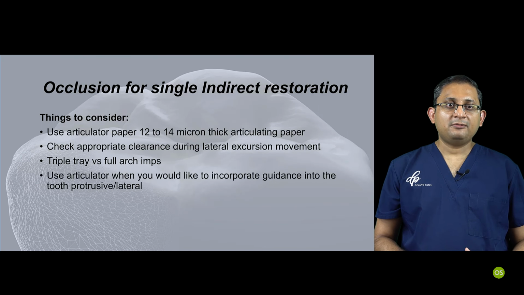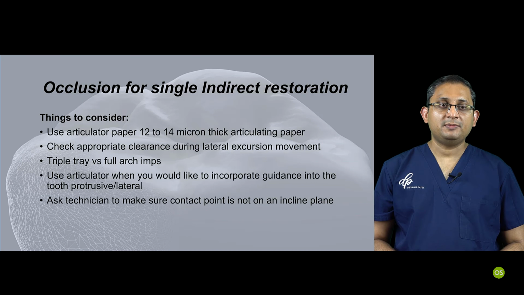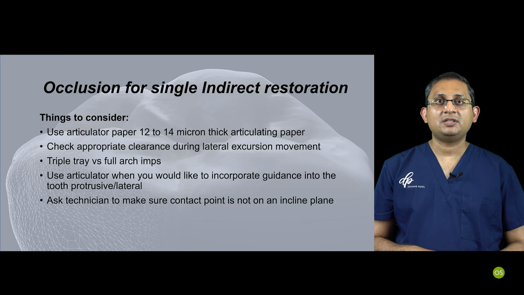Use an articulator when you would like to incorporate the guidance. So if you're doing an anterior case and I want the anterior teeth to be guiding, I would ask the technician to mount the models on a semi-adjustable articulator. I always instruct my technician to make sure that the occlusal contact points on the opposing teeth are not on an inclined plane.